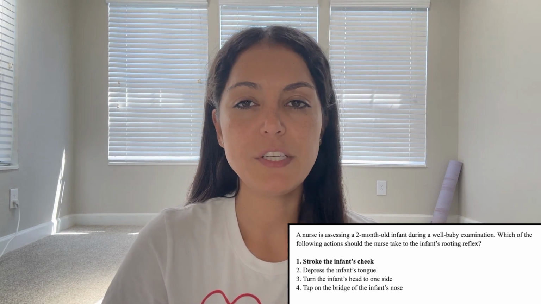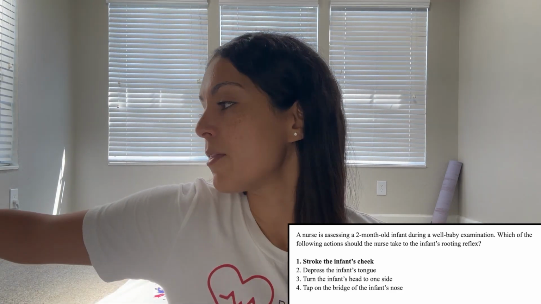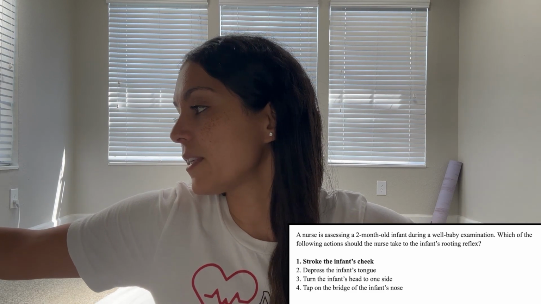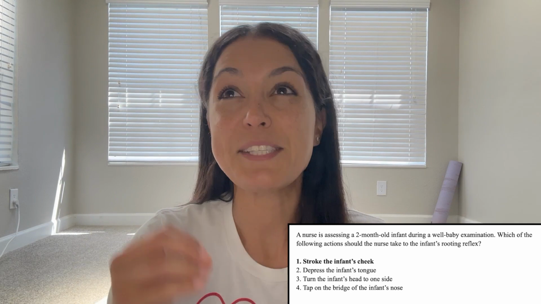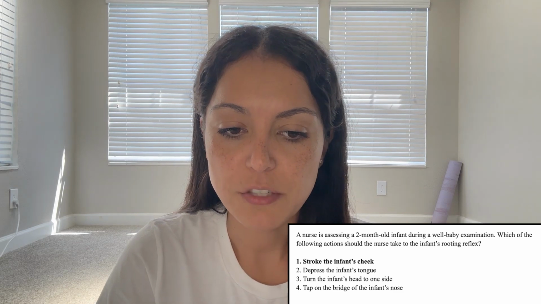Number 3, turn the infant's head to one side. If we turn the infant's head to one side, they should extend their arm and their leg on that side and flex their arm and their leg on the other side. That is called the asymmetric tonic neck reflex. Number 4, tapping the bridge of the infant's nose.